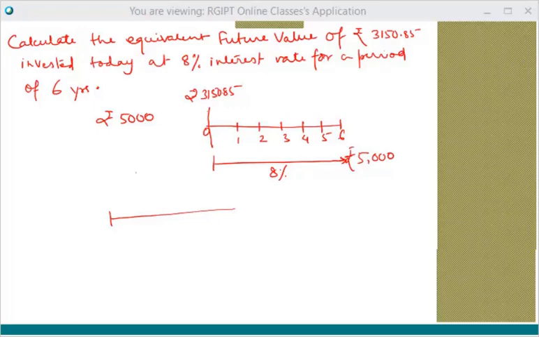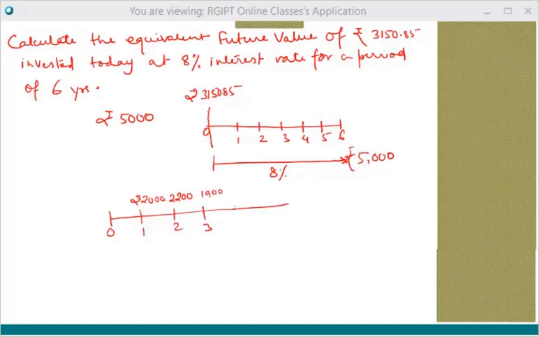Okay. So what we were doing is, you remember we were saying that if we were to spend rupees 2,000 at the end of the first year, and then you have 2,200, 1, 2, 3, 1900.